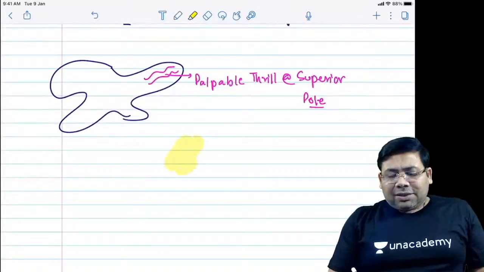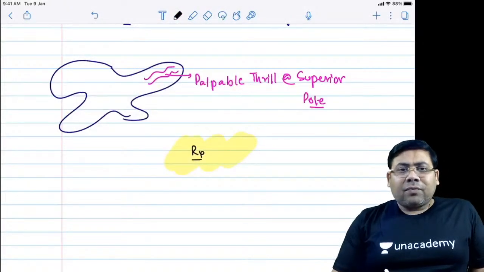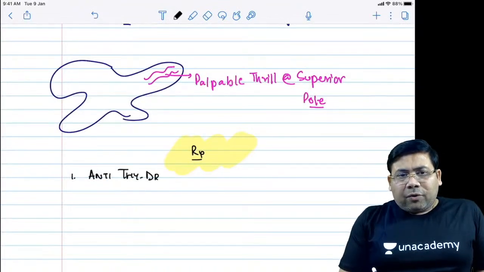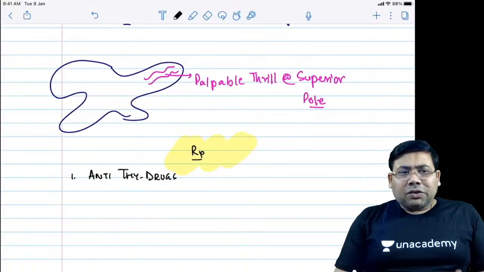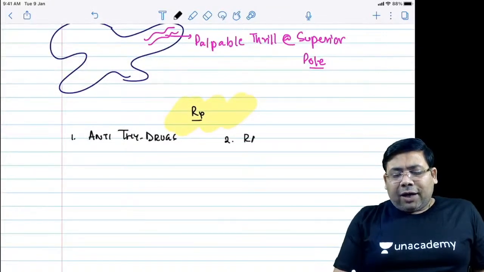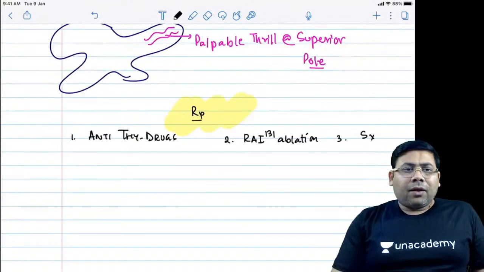Now the last part is how do we manage? The management is very simple. Point number 1, we have antithyroid drugs. Second, we have radioactive iodine 131 ablation. And the third is surgery.